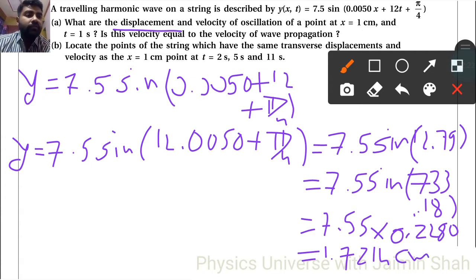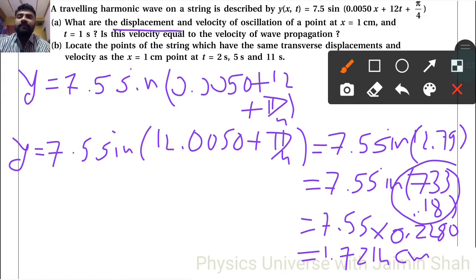Now, how are you going to find the sine of 733.18? You can subtract 360, so 733.18 minus 360 is 373, again minus 360, that is 4π, so 13.18. 4 into 180 is 720, and 733.18 minus 720 is 13.18.